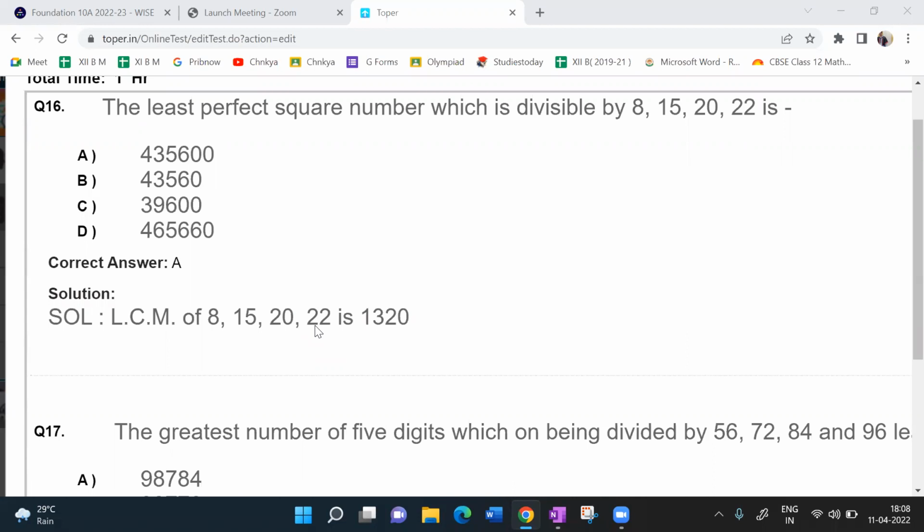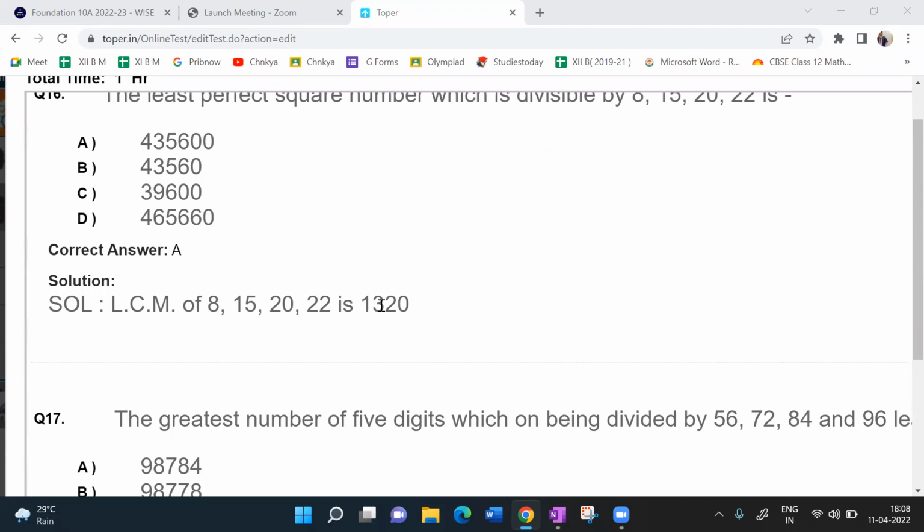Are you here or not? Got it. Very good, very simple, beta. Chalo, next question.